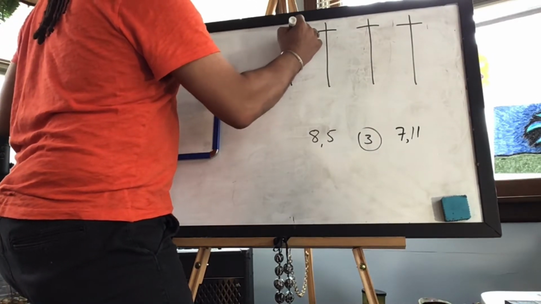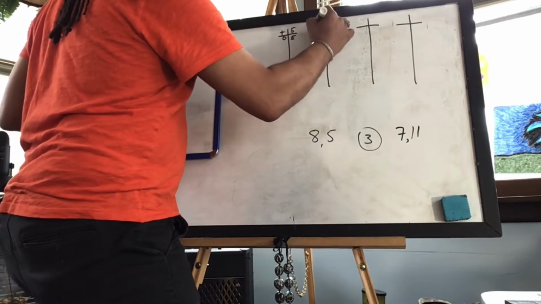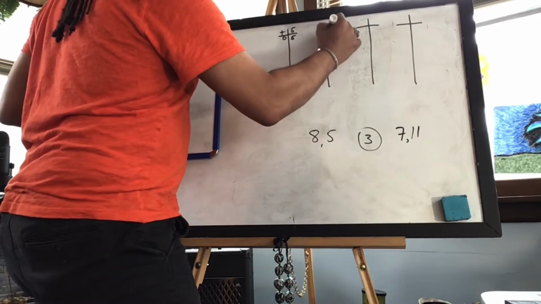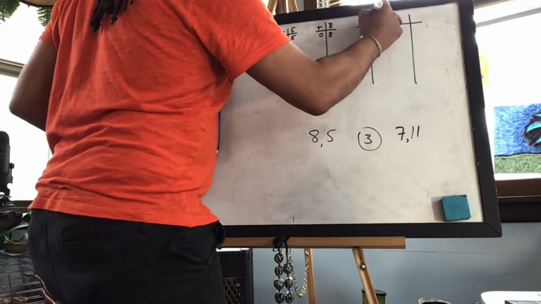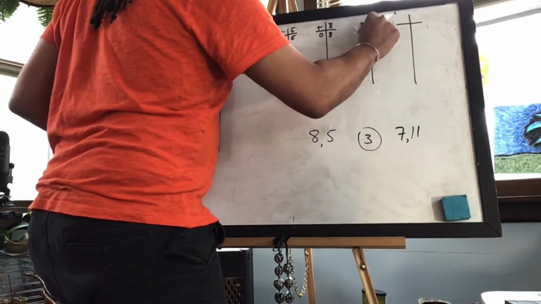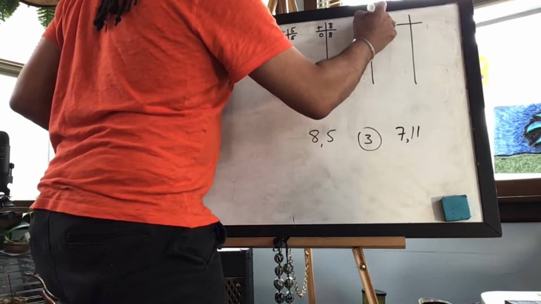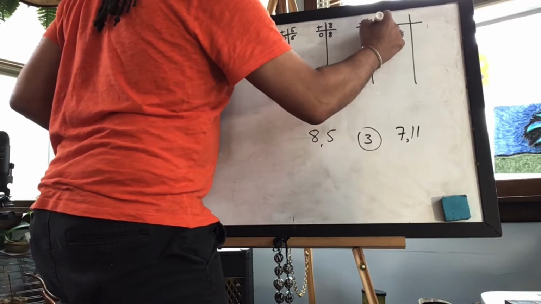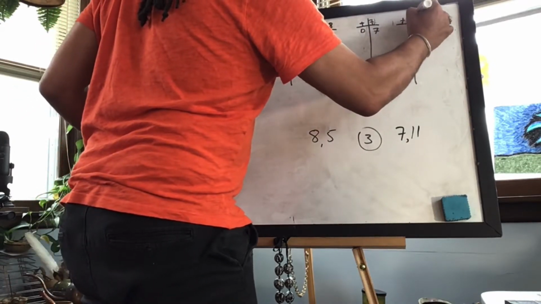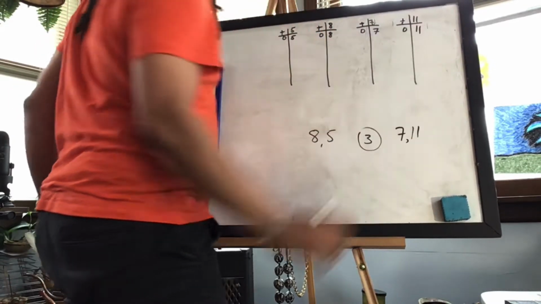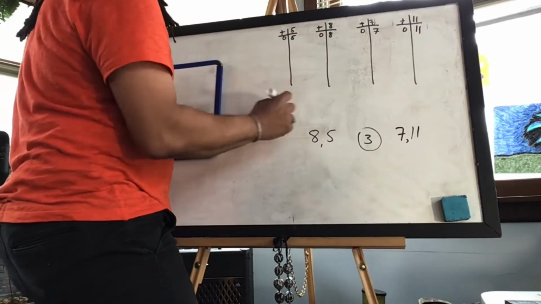So 0 plus 5 is 5. 0 plus 8 is 8. 0 plus 7 is 7, and 0 plus 11 is 11. And we go from the 0 all the way down to the 9.